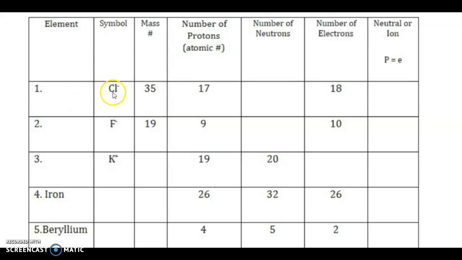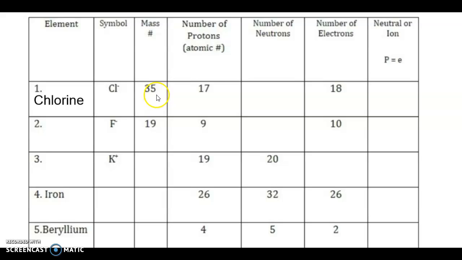So first example, we have Cl-, and what that minus means is I have a negative ion, and Cl is chlorine. So you have a negative ion of chlorine, which means it's gained an electron. So just to start off with something you already know from the last video, we have a mass of 35 and we have 17 protons.